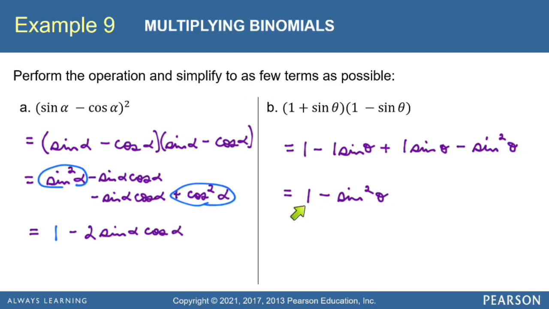This should remind us of our Pythagorean identity, sine squared theta plus cosine squared theta equals 1. If you rearrange the terms so that one side says 1 minus sine squared theta, the other side will say cosine squared theta. We remember that from section 5.1. And so multiplying these two factors together all boils down to cosine squared theta.